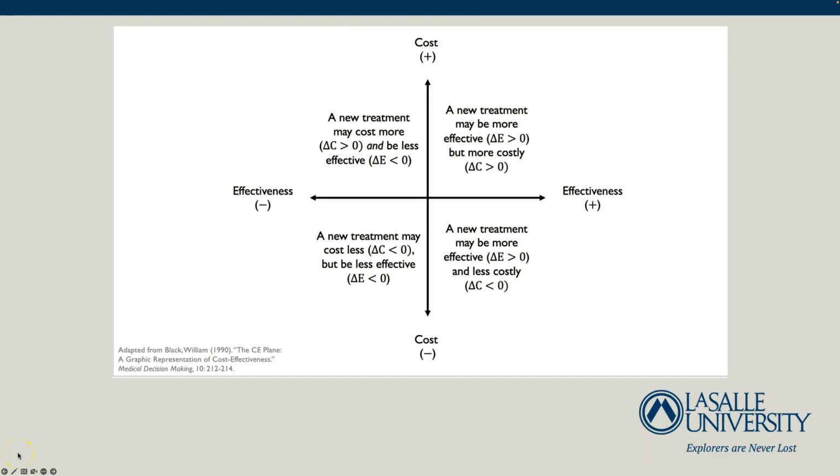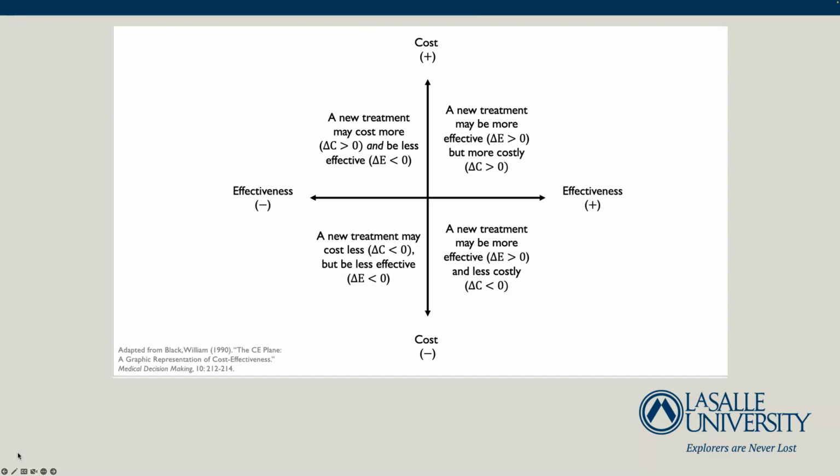If we have all of these possibilities, we can see that a new treatment may be more effective and less costly than the baseline treatment. It could be more effective, but also more costly. It also could be less costly, but less effective. And it may cost more, but also be less effective.